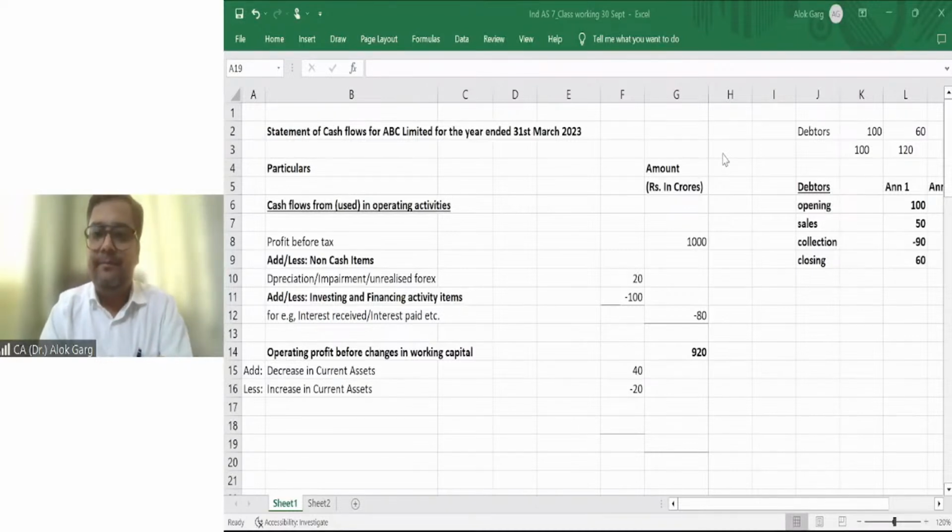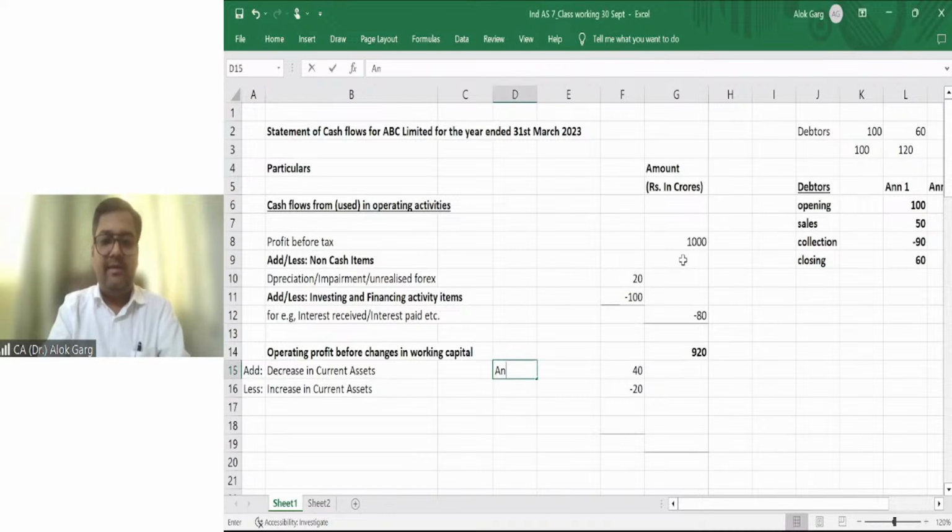Yes. Now coming to the current liability, because working capital is current assets minus current liability. So now let's move to the current liability and let's prepare a creditor schedule so that we will be able to understand it very well. Okay. Coming to the creditor schedule, let's write annexure 1 here, annexure 2 here. Now coming to my creditor schedule, creditors.